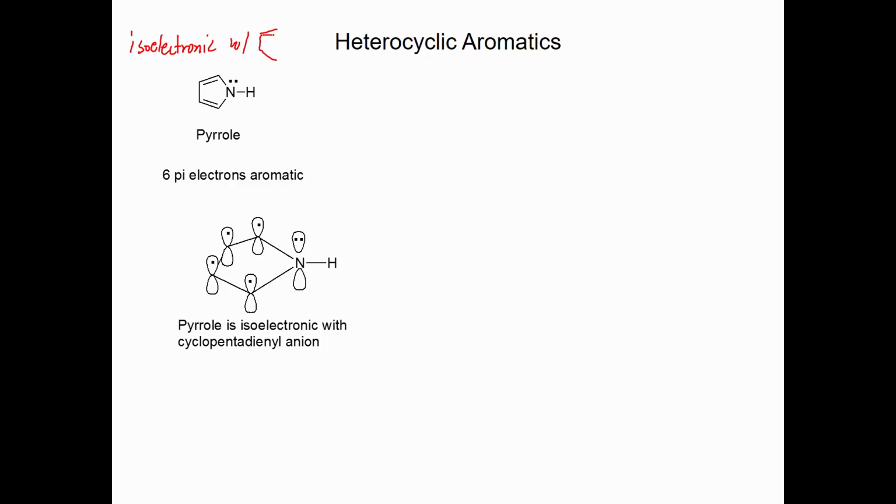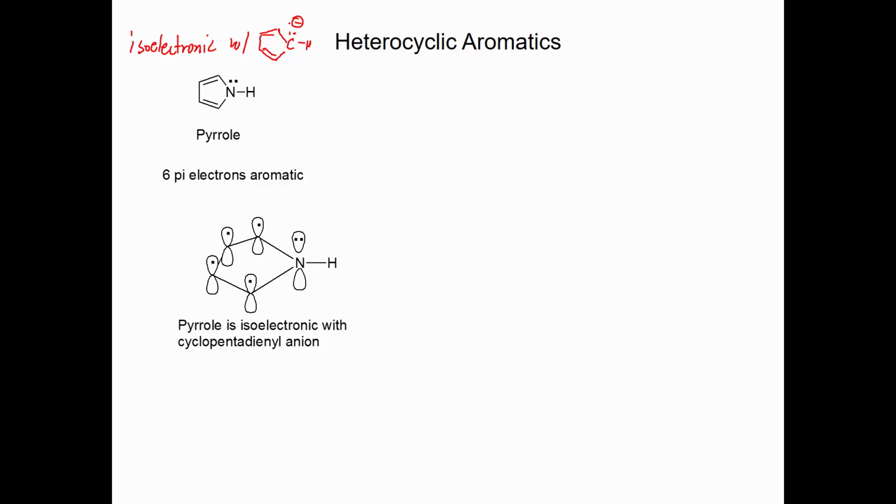All right, so let me just redraw that here. So this is totally isoelectronic. The only difference between the cyclopentadienyl anion and pyrrole is the charge and the identity of the atom that has the negative charge.